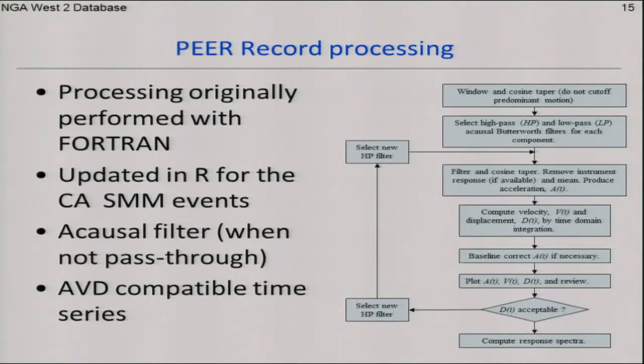It was originally programmed in Fortran, and we ported that into R so that we can speed up the processing and process the small to moderate magnitude events in California. So with respect to that, about 19,000 recordings made it into that data set, but we reviewed about 40,000.